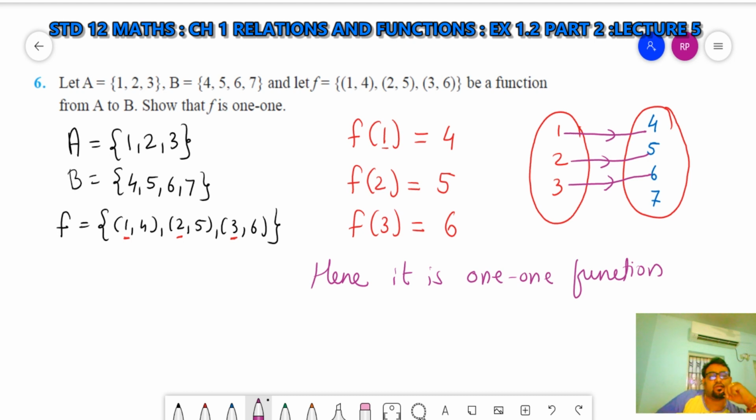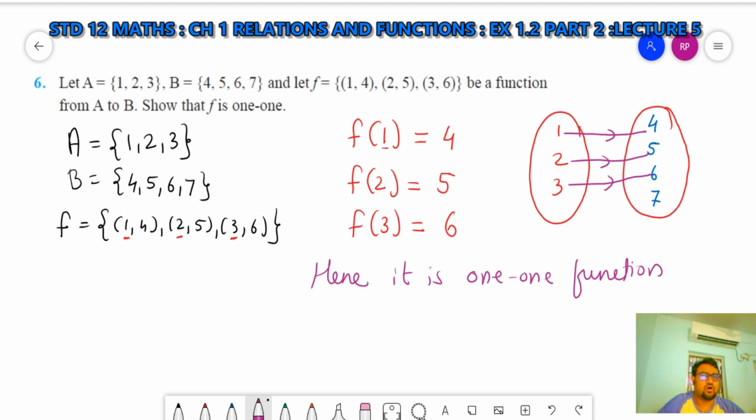Okay, now one extra part. What will be your answer if there is one more question, that is, is it an onto function? If the question is asked, if these are all the ordered pairs of function f, is it an onto function or not? Then what will you say?